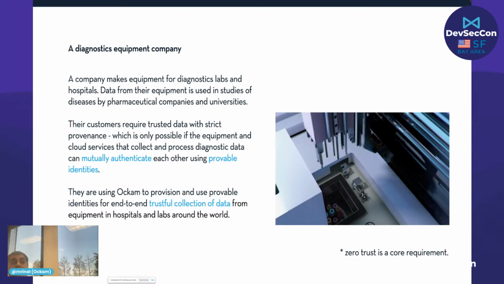The data they're gathering was used for all the COVID-related pharmaceutical analysis, etc. So they're very worried about manipulation of that data, and they need authenticity in the data, right? And with Occam, they can build it very easily. So they're putting Occam inside these machines, and they have a cloud service where they're collecting all this data.